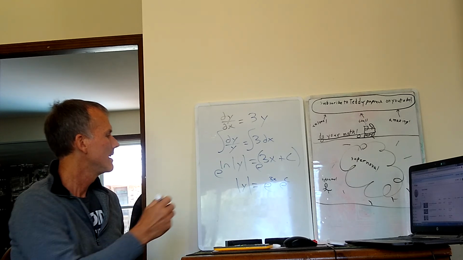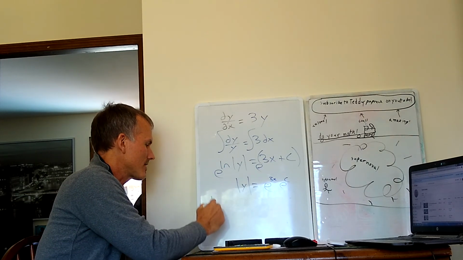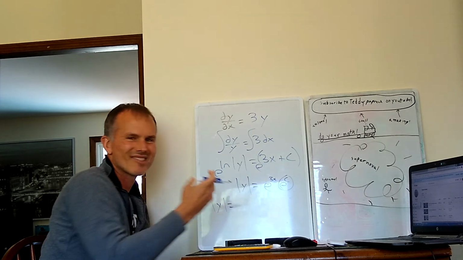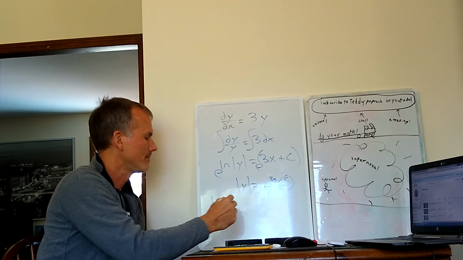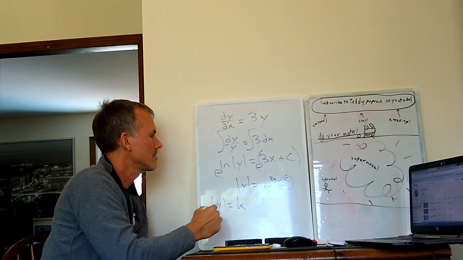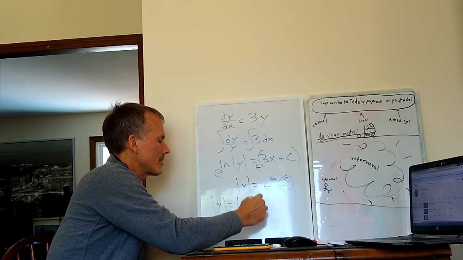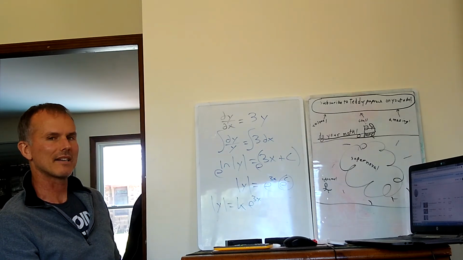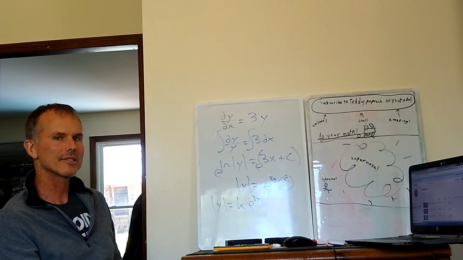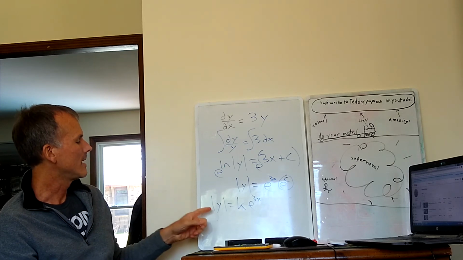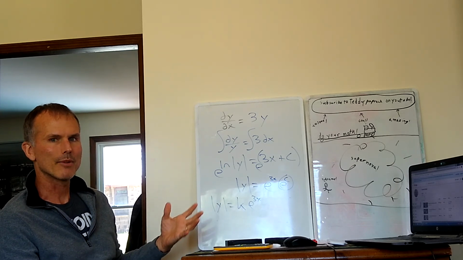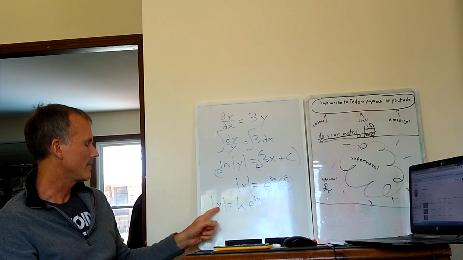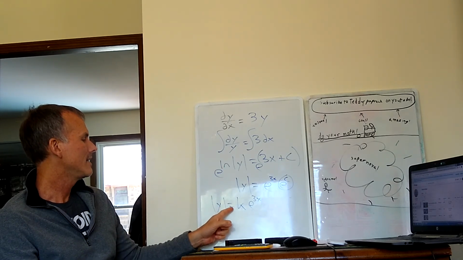So I'm going to rewrite this as absolute value of y equals a constant, I'm going to call it k, times e to the 3x. Now I still don't have y by itself because it has absolute value brackets around it. The absolute value of y has to equal this.